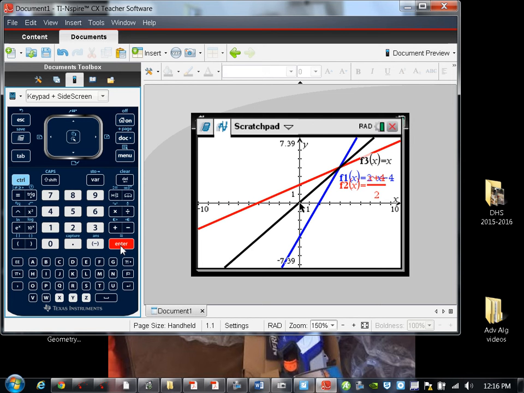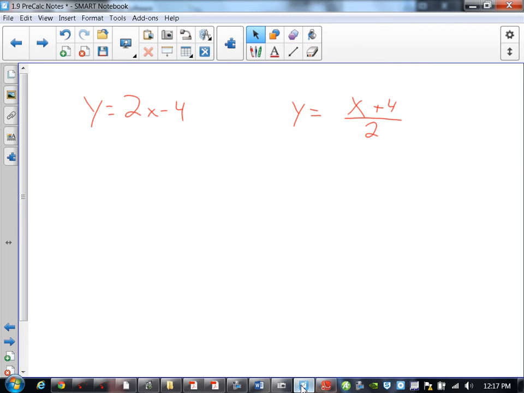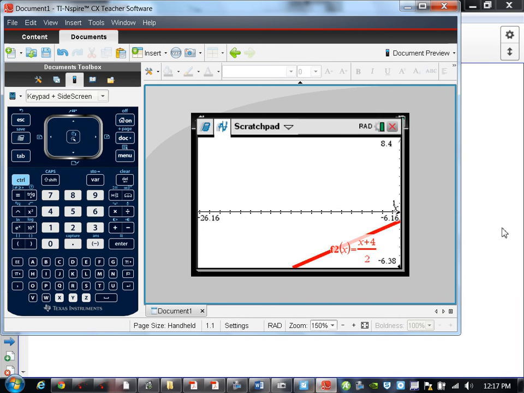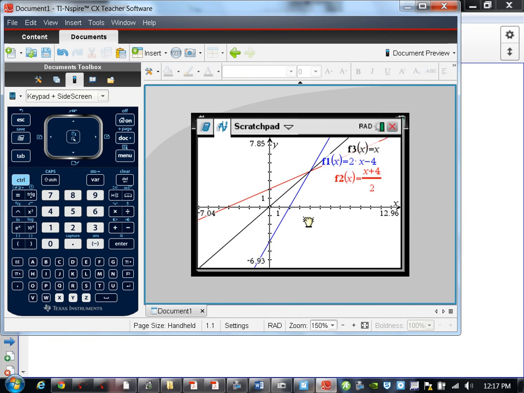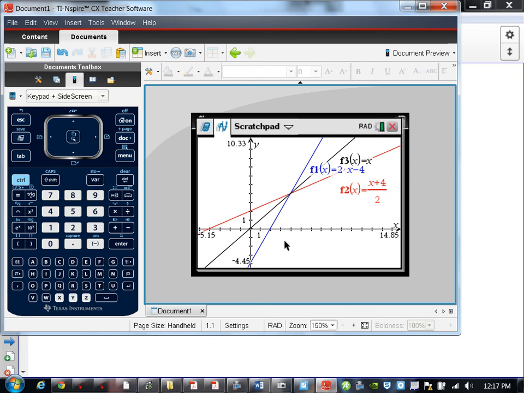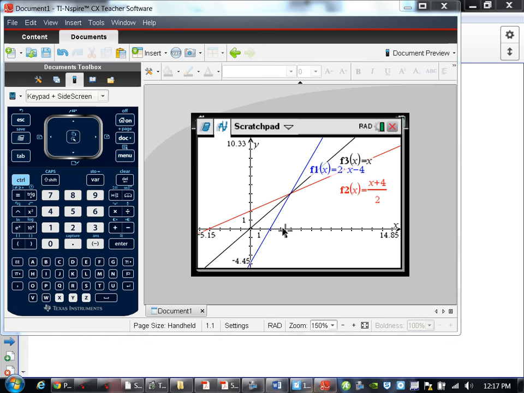What happens here is that when you have inverse functions, every point that we have in here, let me snapshot.